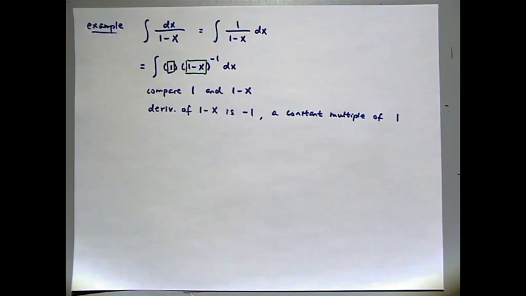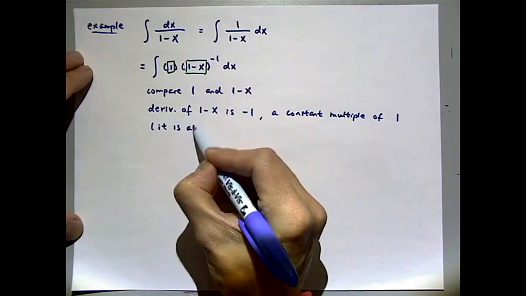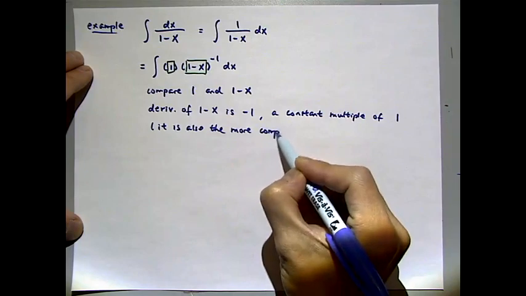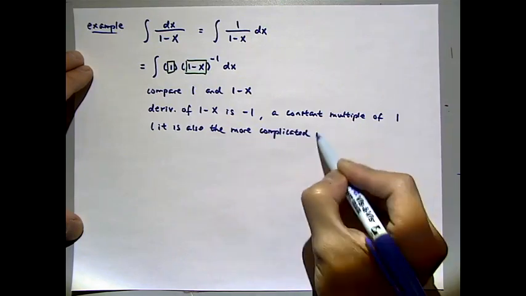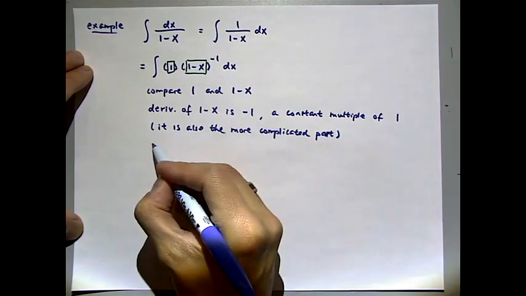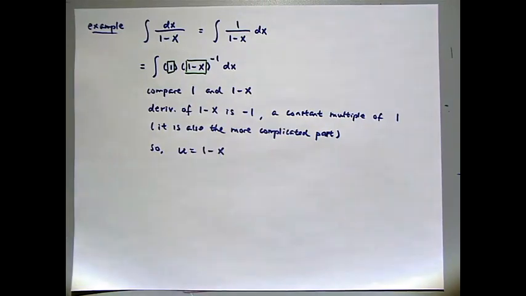So either way you look at this, it will tell you that you want u to be 1 minus x. Okay, any question with how we chose that u?